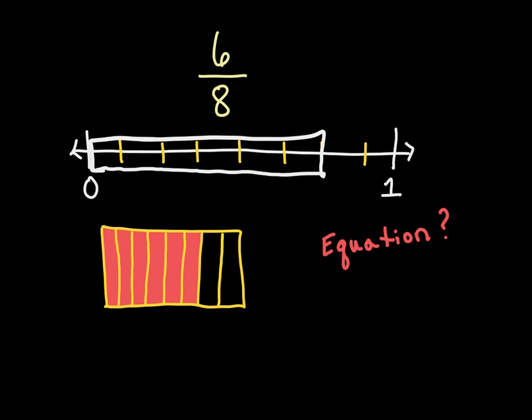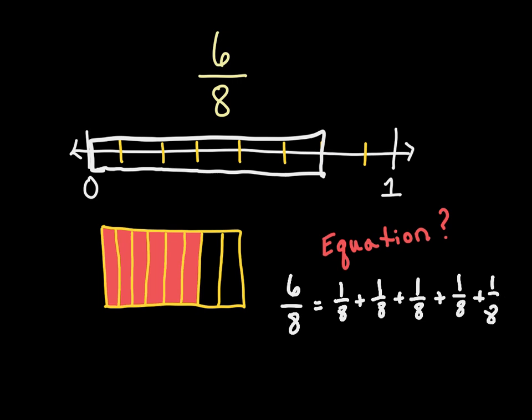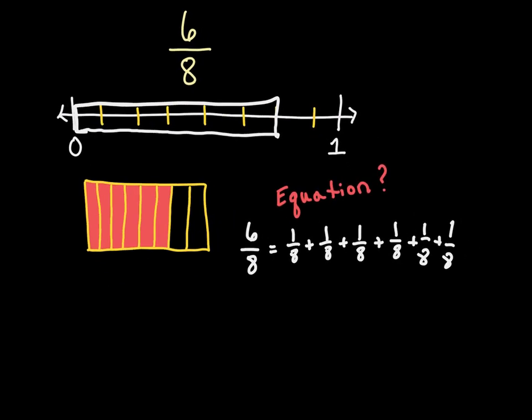Well, we would have to show 6/8 is equal to 1/8 plus 1/8 plus 1/8 plus 1/8 plus 1/8, and then an extra 1/8 to show 6/8. But there's other ways that we could do that by showing, instead of breaking out and using unit fractions, we could say 6/8 is equal to 4/8 plus 2/8.